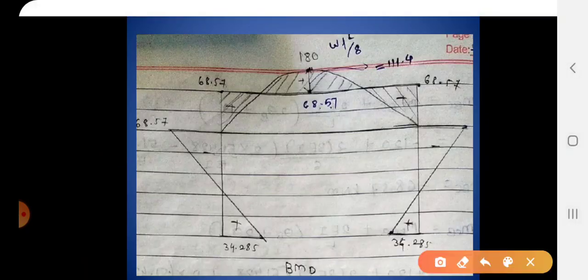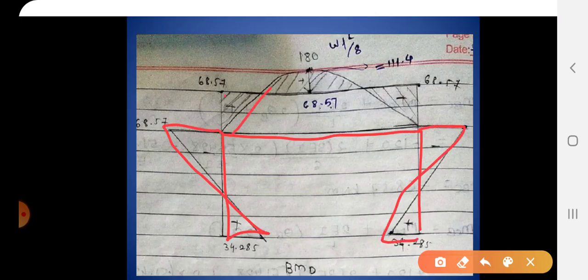This is a reference frame, and on it we have plotted the support moments, the final moments which we got in the last step. So these are the final moments. Sagging, therefore positive, so sagging inside, hogging, and again sagging.